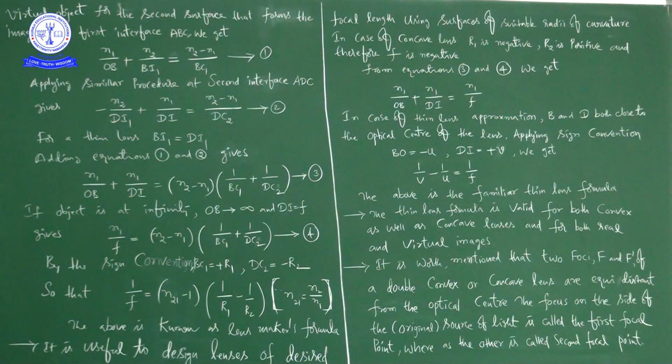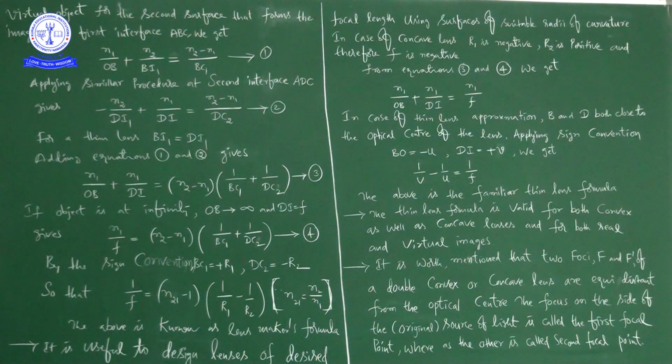In the second curved surface also, C2 is the center of curvature, R2 is the radius of curvature, i2 is the angle of incidence and r2 is the angle of refraction. The image I1, formed due to the first curved surface, acts as a virtual object for the second curved surface.